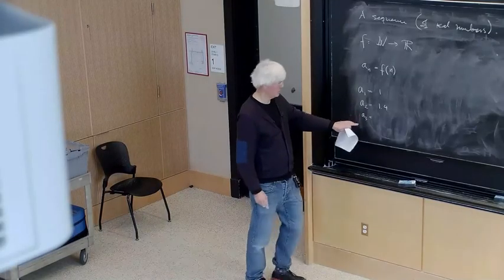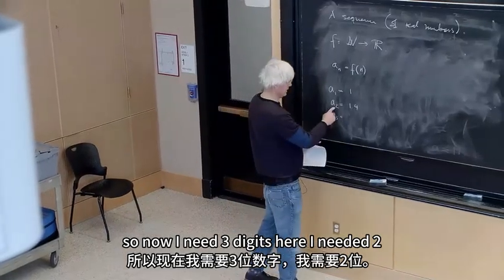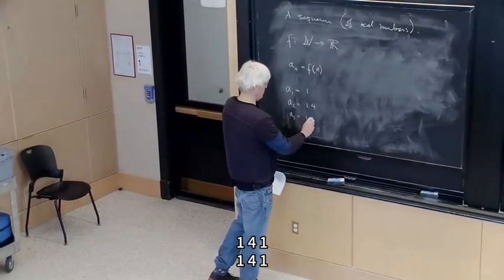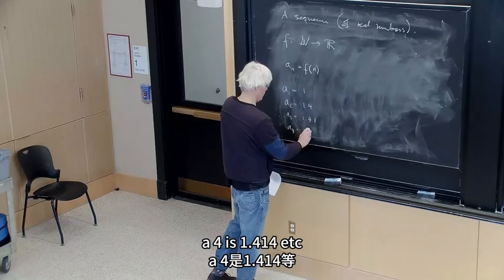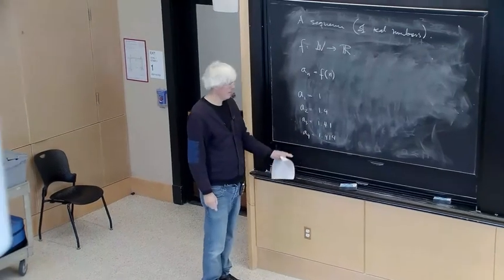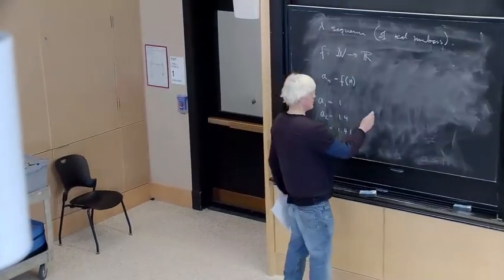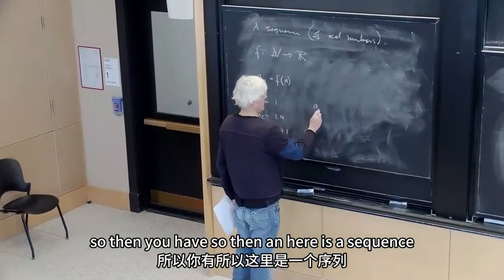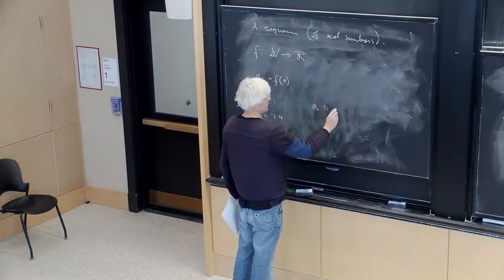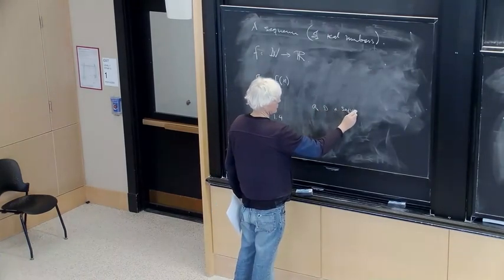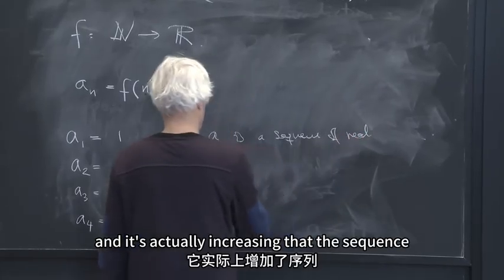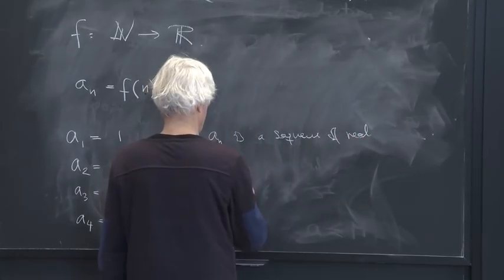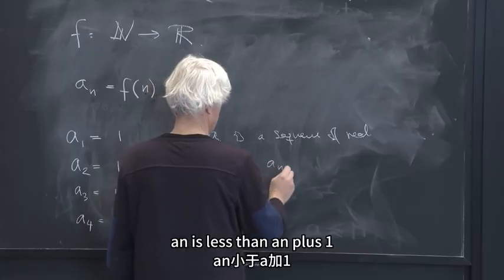So now I need 3 digits: 1.41. A4 is 1.414, etc. And so a_n here is a sequence of real numbers, and it's actually increasing: a_n is less than a_(n+1).